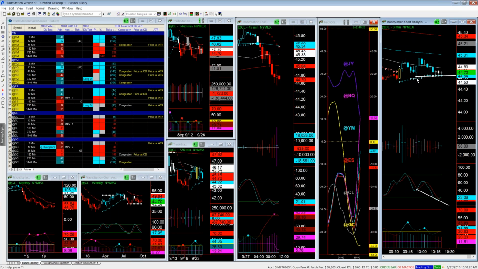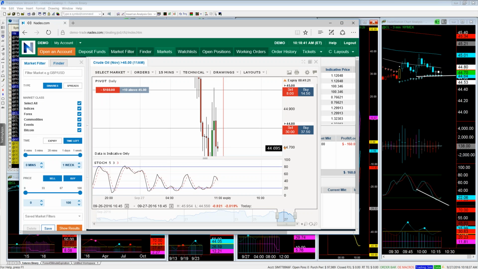So you still made a higher low in price, lower low on the stochastics. Should that push it up? Yeah, on the 3-minute chart. Don't expect miracles there, okay? Just saying. Know your time frames.